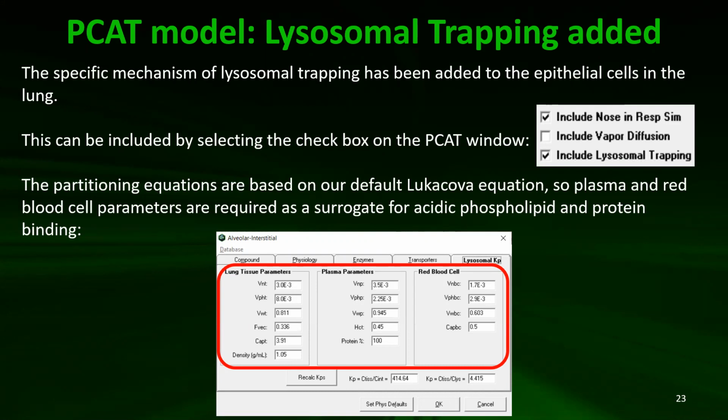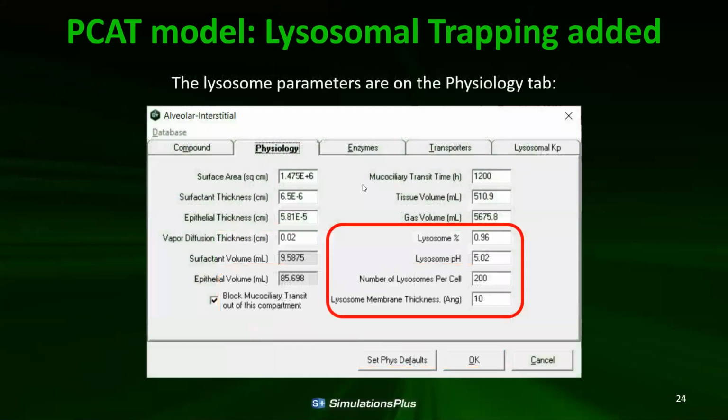So the plasma and red blood cell parameters are required as a surrogate for acidic phospholipid and protein binding, and they're on the lysosomal KP tab. The lysosome parameters themselves are on the physiology tab. So we have the percentage of lysosomes in the cells, the lysosome pH, the number of lysosomes per cell, and the lysosome membrane thickness.